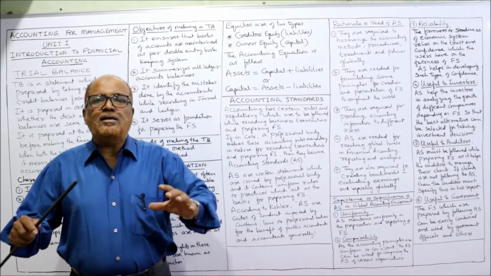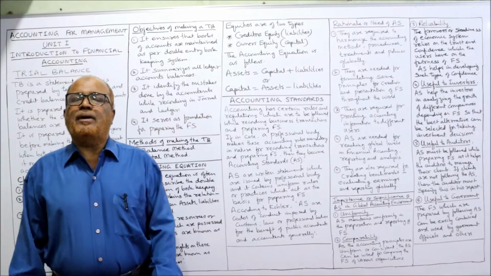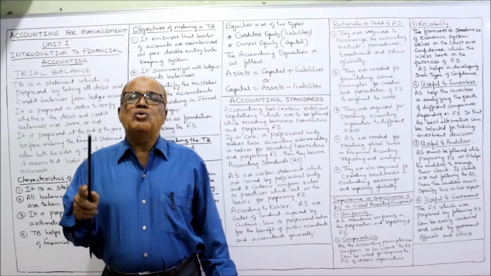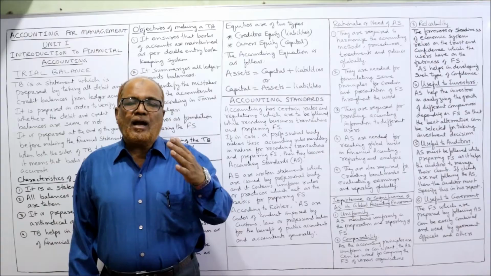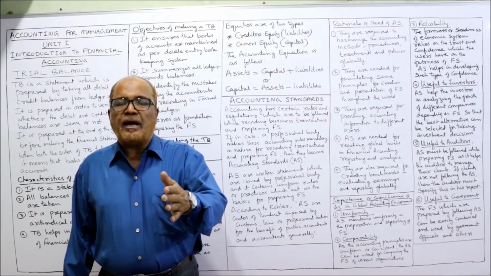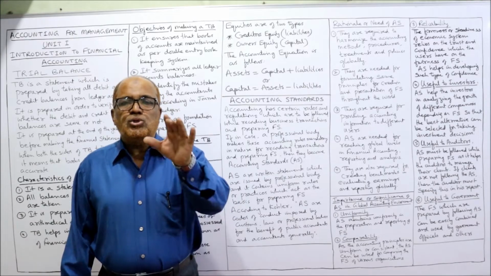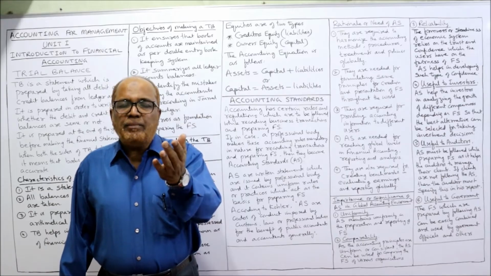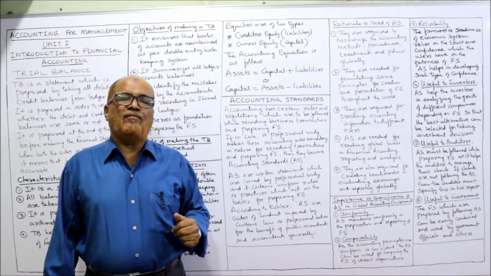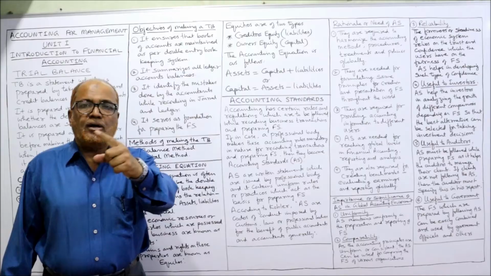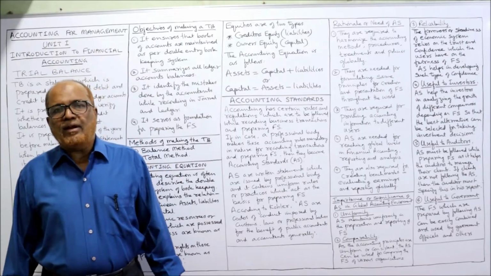So in this global economy, what will happen? There is a need to harmonize the accounting principles, accounting practices, accounting policies, so that the financial statements should be accepted globally in every country.